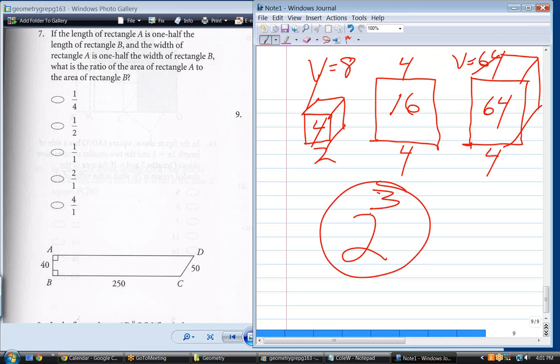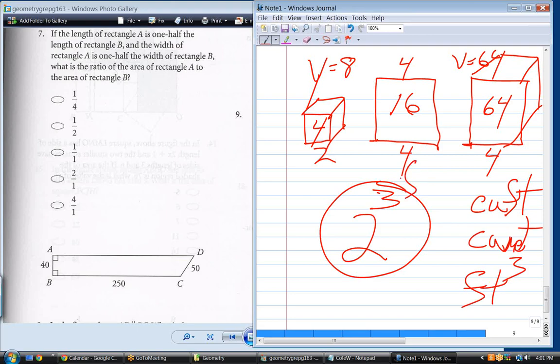And this is an important concept in geometry, that every time you go from a singular measurement to an area, you square the ratios, to a volume, you cube the ratios. And this is always in cubic feet or cubic meters, and you can write that as feet cubed if you want.